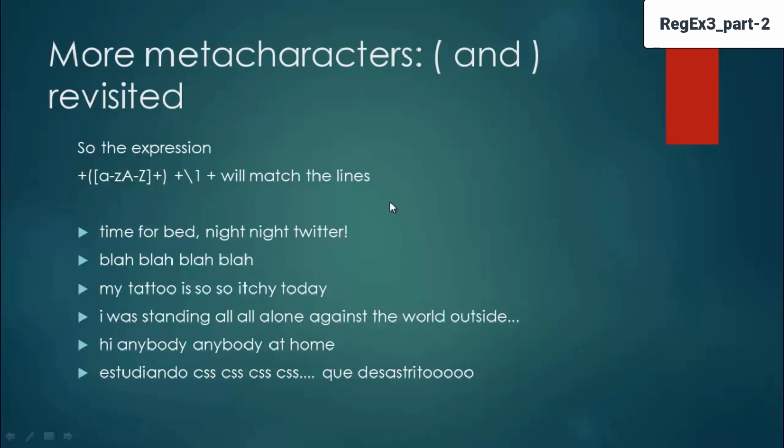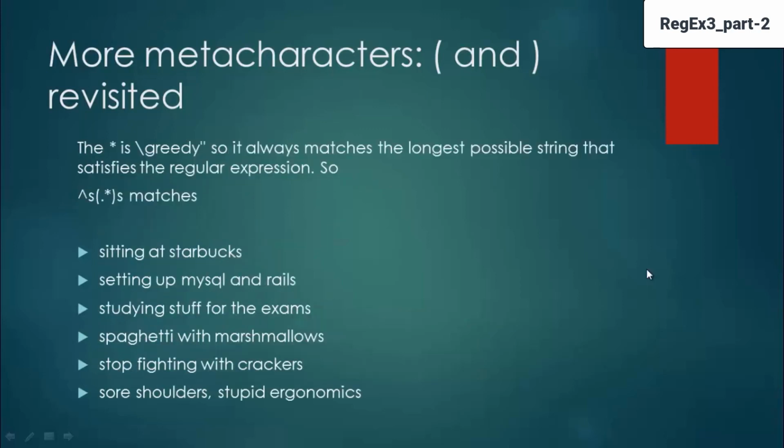The star is greedy, which means it always matches the longest possible string that satisfies the regular expression. So a sentence that starts with S followed by dot star S matches. The dot star is a repetition for any character, so it starts with S and finishes with S, and here the entire set matches.